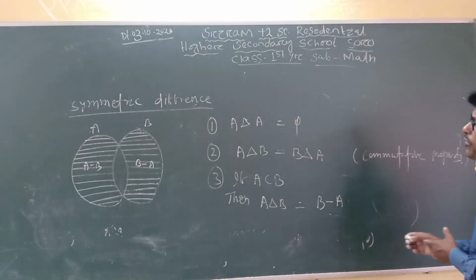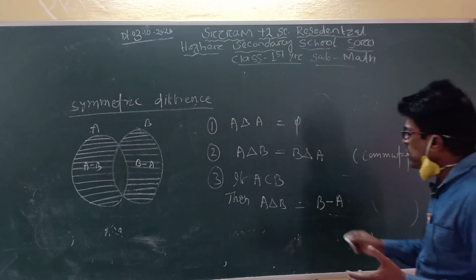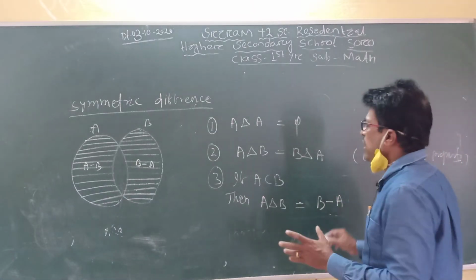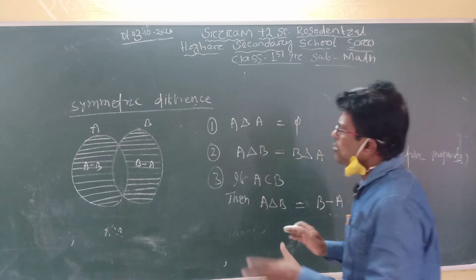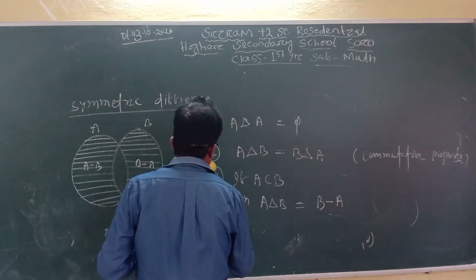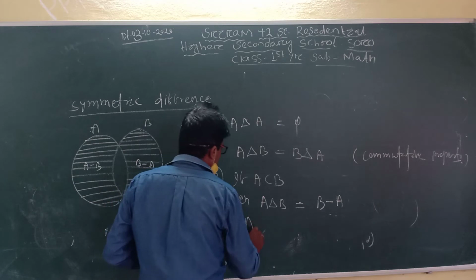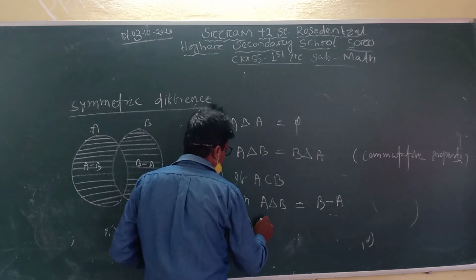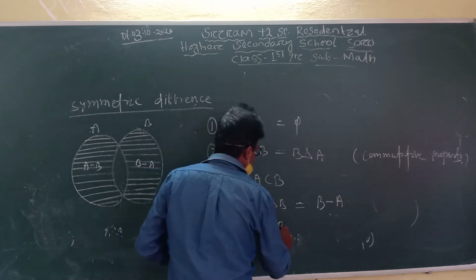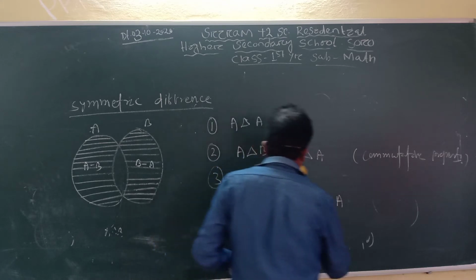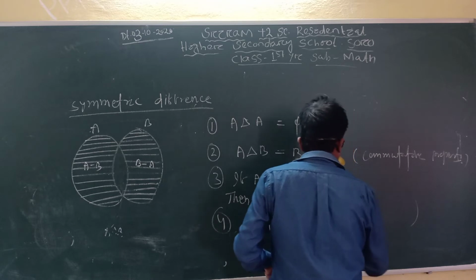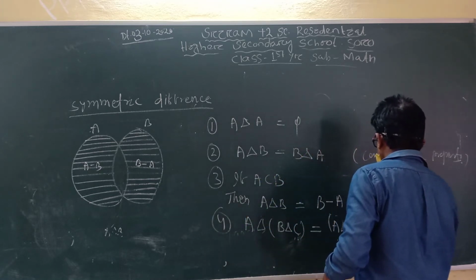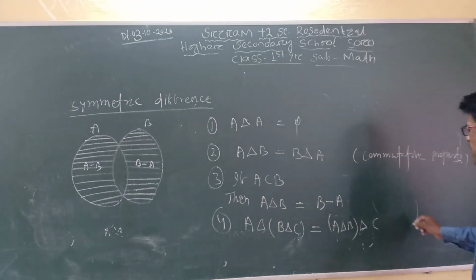If A is a subset of B, then A delta B is equal to B difference A. If B is a subset of A, then A delta B is equal to A difference B. You remember that part. Okay, property 4: A delta B delta C is the same as A delta B bracketed delta C, which is associative.